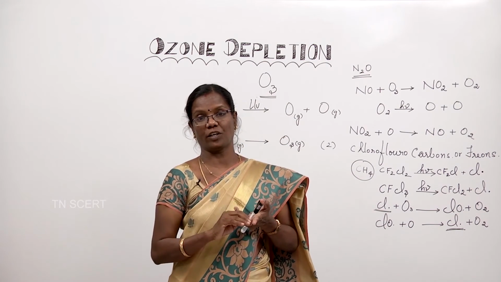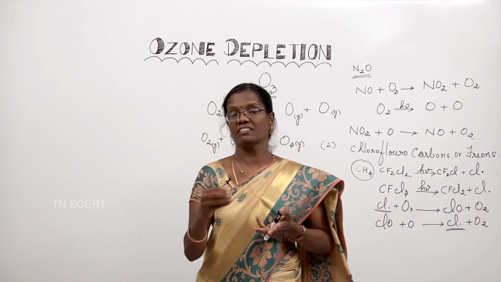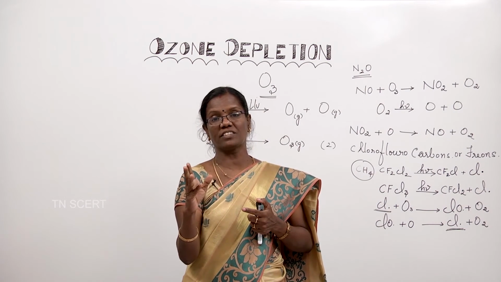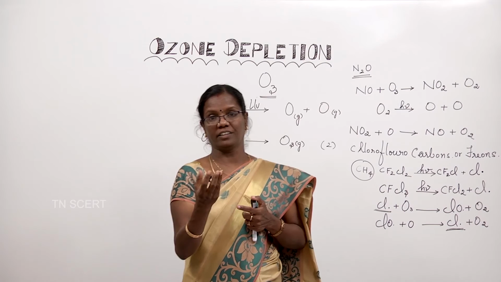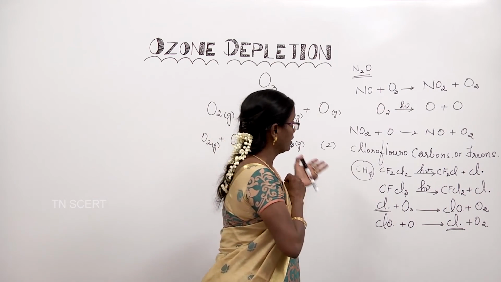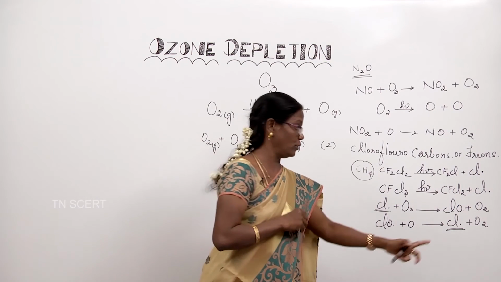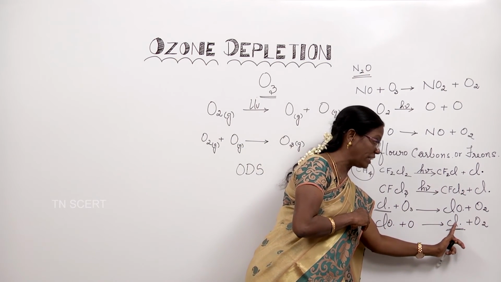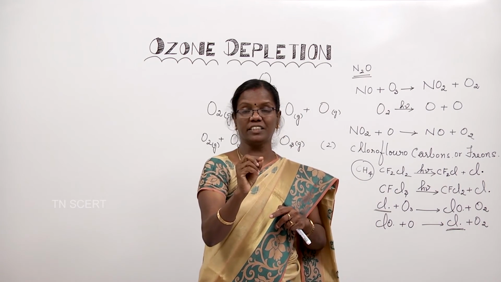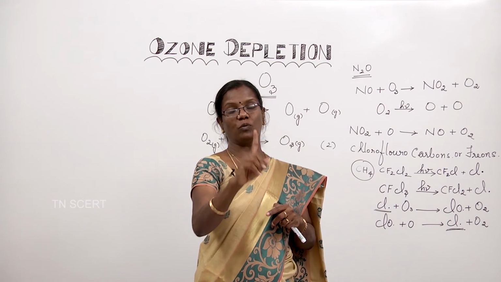Everything gets destroyed. The protein in the plants gets destroyed. There is a cell mutation. Cell mutation is a kind of biological process that takes place due to this ozone depletion. You know, one Cl free radical can react with 1 lakh molecules of ozone.